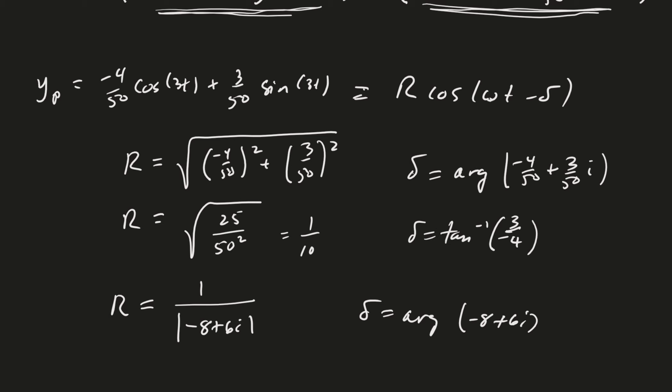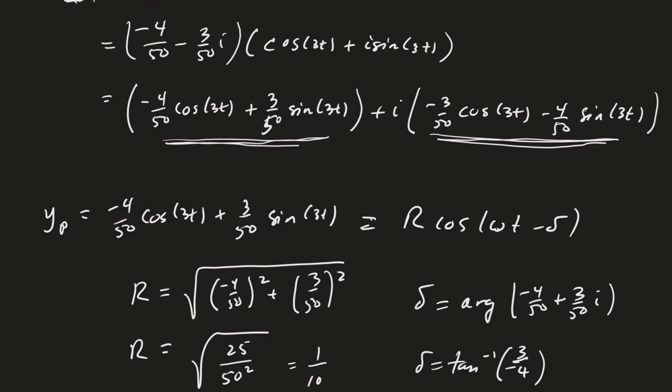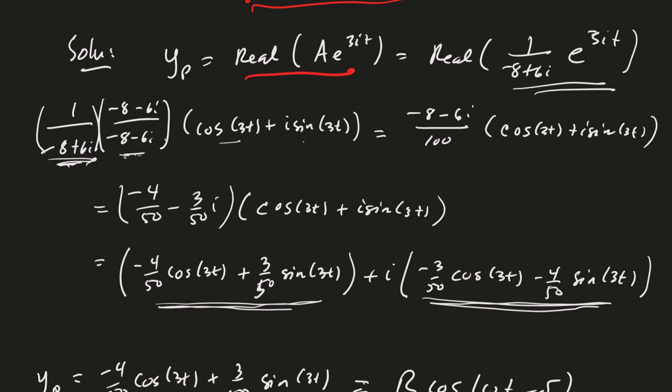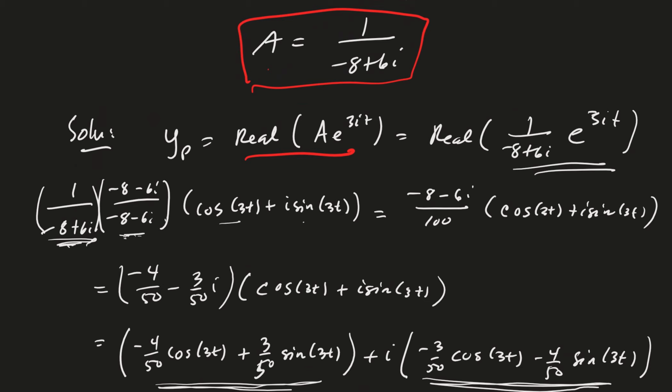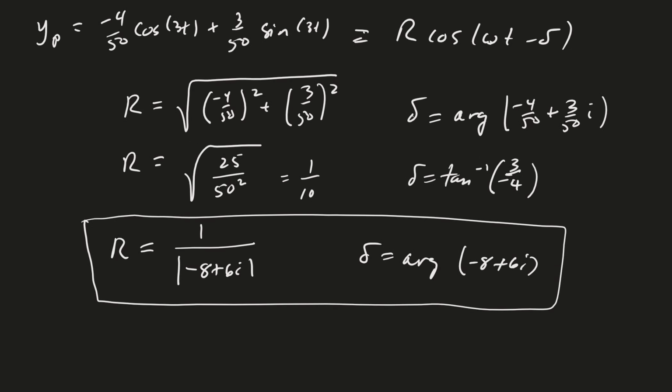And so if you recognize this, where did the minus 8 plus 6i come from? That was here, right? So what we're saying here is that there's a nice shortcut for computing the solution to this.